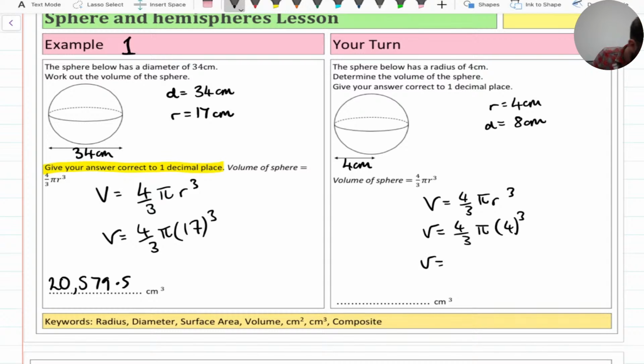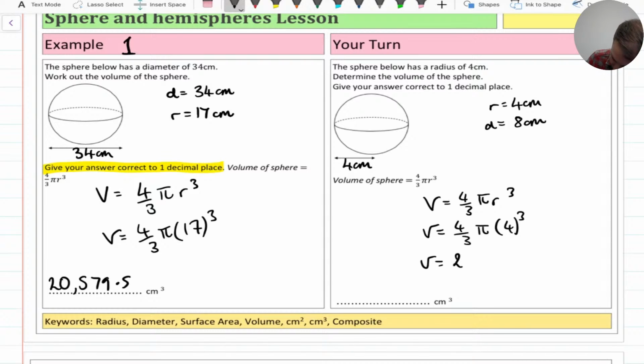So my volume is equal to 4 to the power of 3 times 4 divided by 3 times pi, to 1 decimal place.